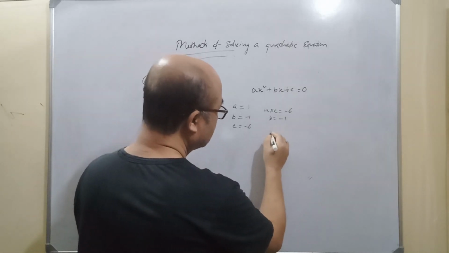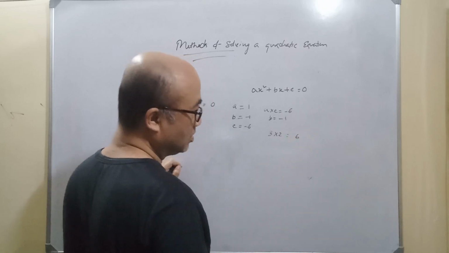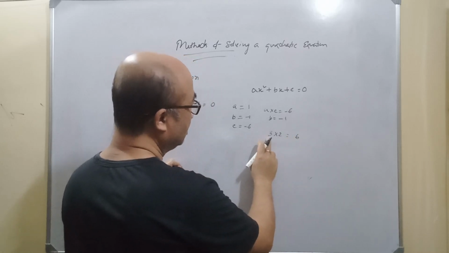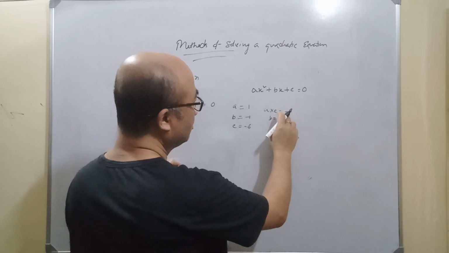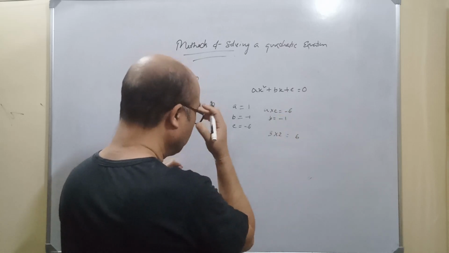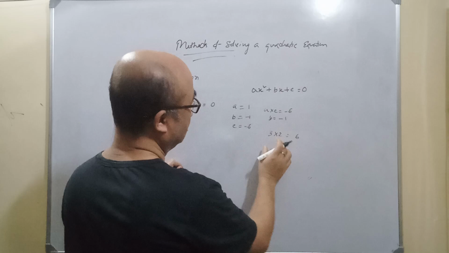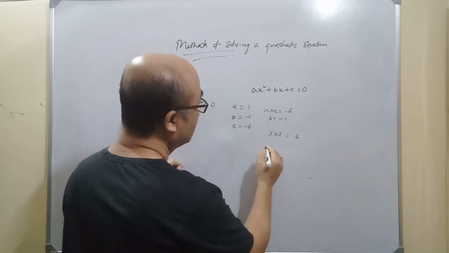We take two numbers, 3 into 2, that is 6. So either 3 or 2 should be negative, because only then it will be minus 6. Now how do we get minus 1 out of these two? What to do here? Because we have to do summation.